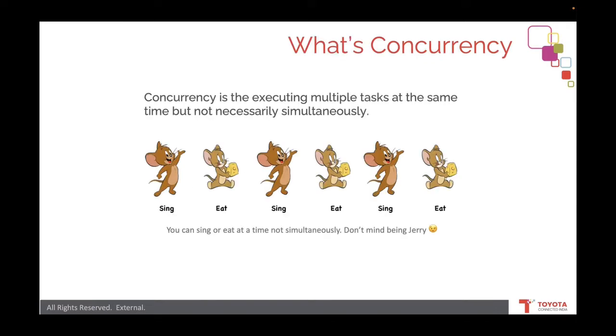So let's start with the basic definition of concurrency. Sometimes people get confused about concurrency. It is executing multiple tasks at the same time, but it is not necessary that the tasks be executed simultaneously. For example, we can sing and eat in the same period, but we can't do it simultaneously, right? So this is concurrency.